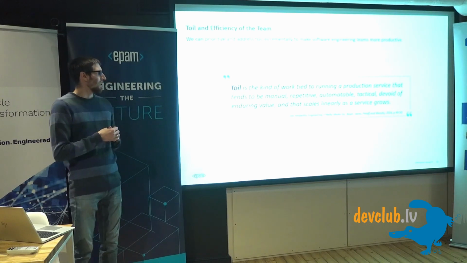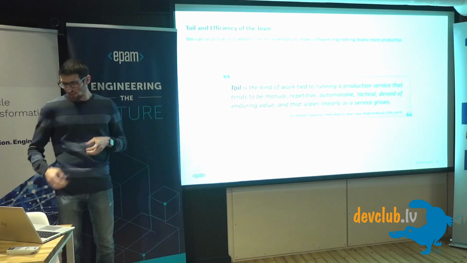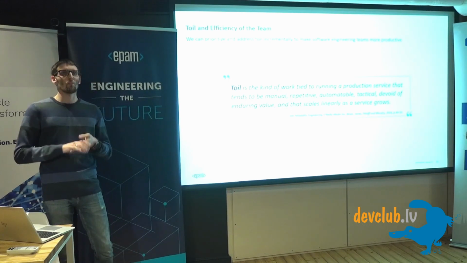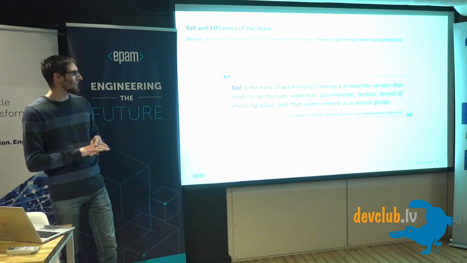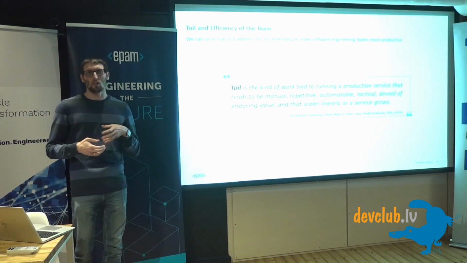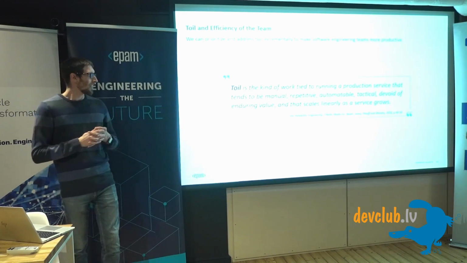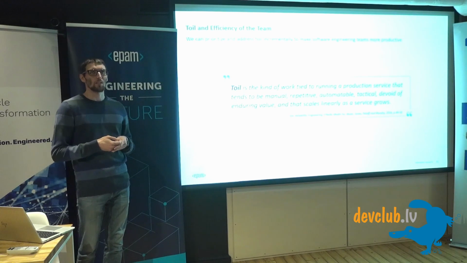And site reliability engineering as an approach says that toil is very bad. And it is bad, first of all, because here we can have a lot of human errors. That's the first one. Secondly, I can provide an example.